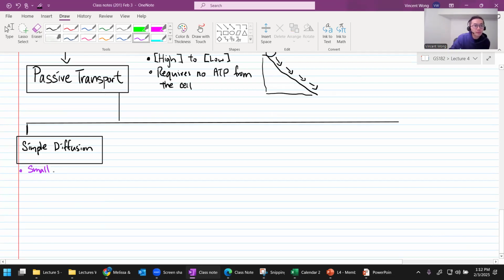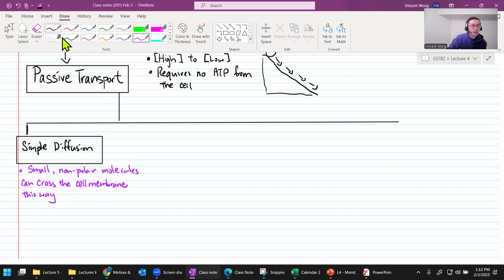Okay, so small nonpolar molecules can cross the cell membrane this way. Let me give you an example.